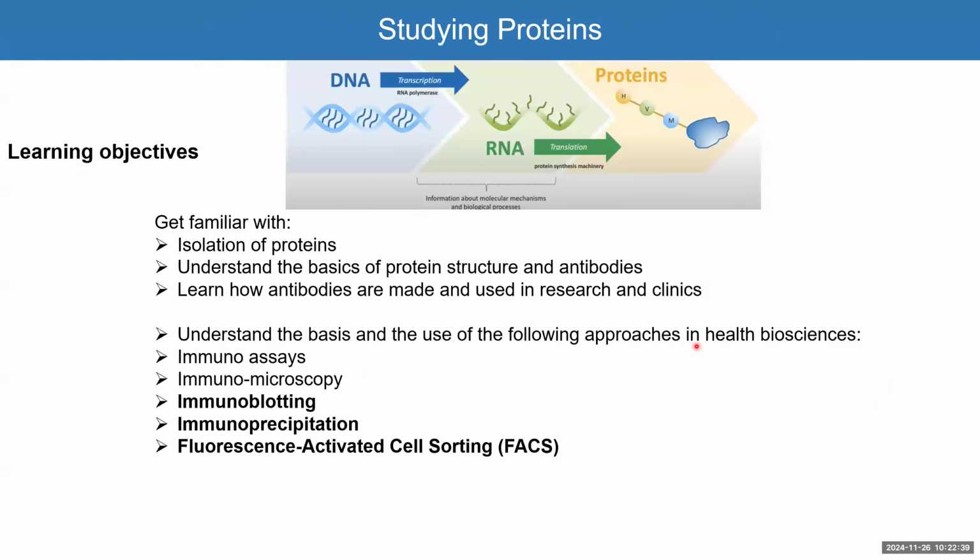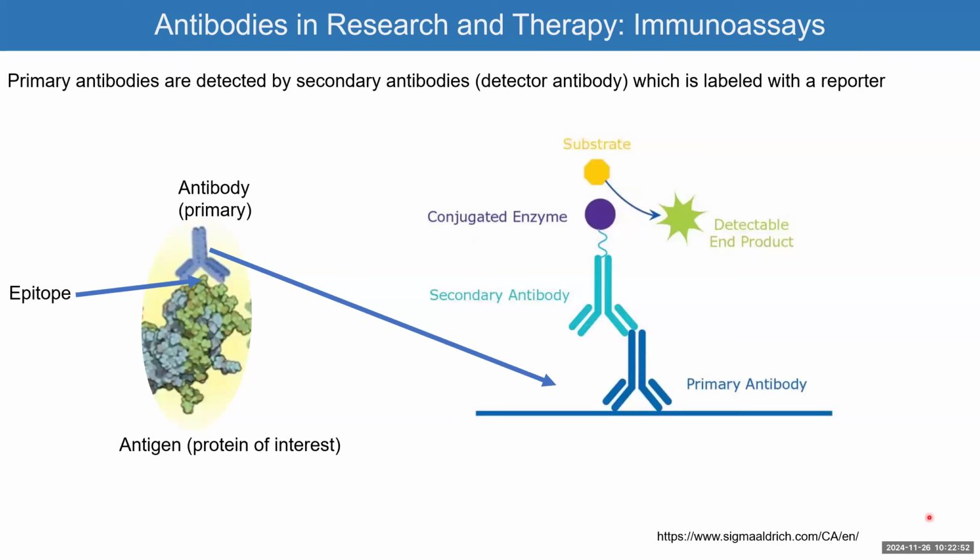So as for today, we are discussing immunoblotting, immunoprecipitation, and flow cytometry, or fluorescence-activated cell sorting. In the previous 2 lectures, we discussed how we generate antibodies and how we use antibodies in ELISA. I mentioned multiple times that most of the molecular biology techniques we use for studying proteins are based on the fact that a specific primary antibody binds to a specific sequence or epitope of a protein.